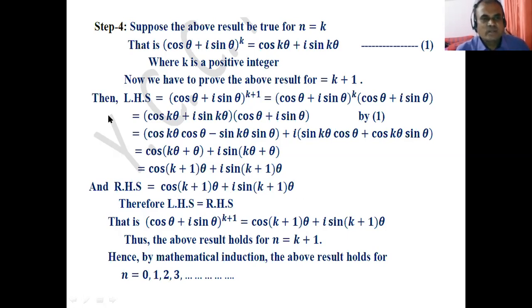This shows that the LHS and RHS values are the same, and therefore LHS equals RHS. This shows that De Moivre's theorem is true for n equal to k plus 1. That is, (cos theta plus i sin theta) raised to k plus 1 is equal to cos of (k plus 1) theta plus i sin of (k plus 1) theta.